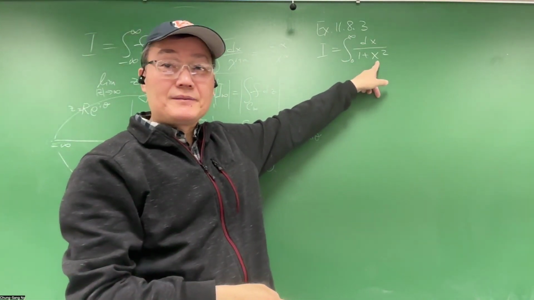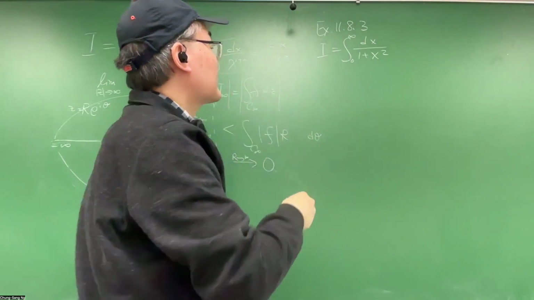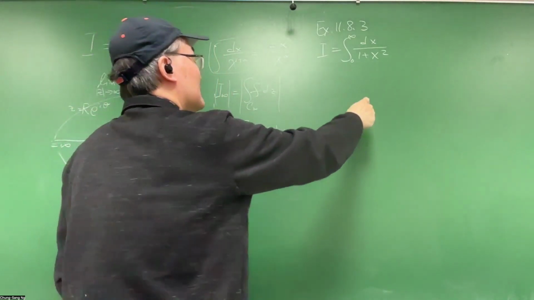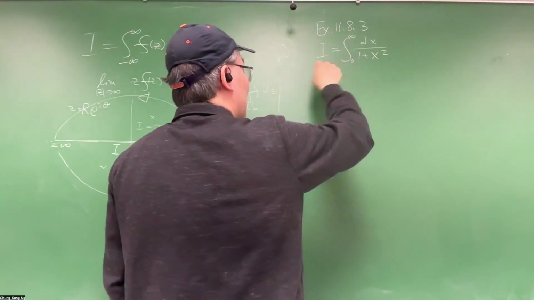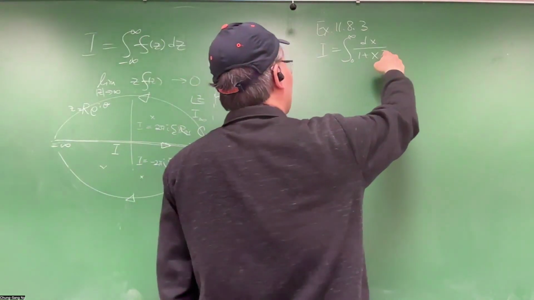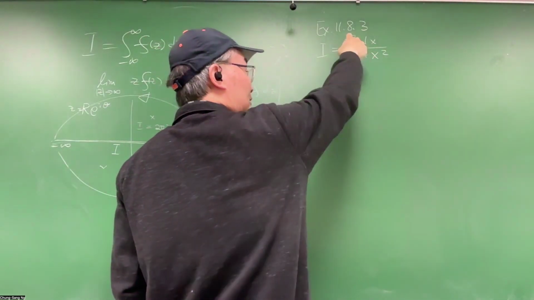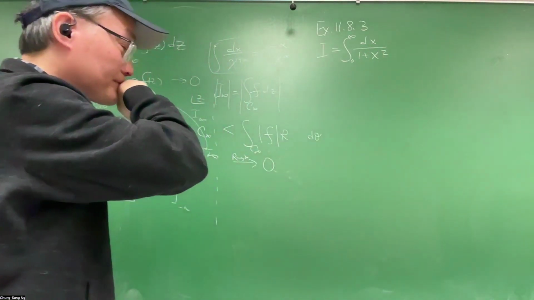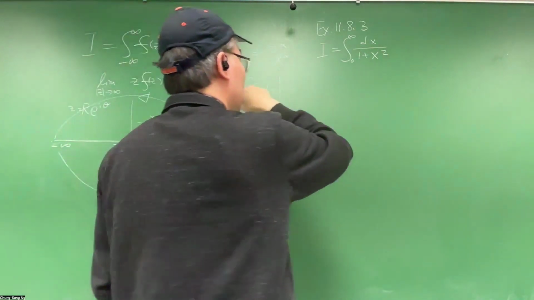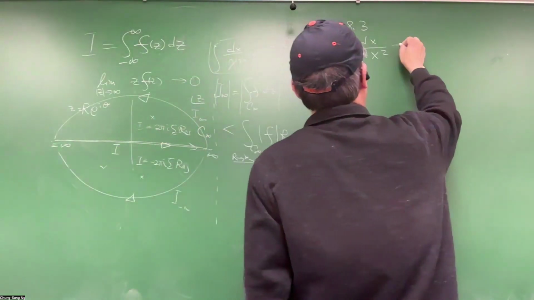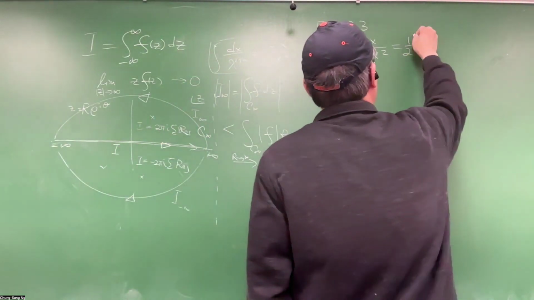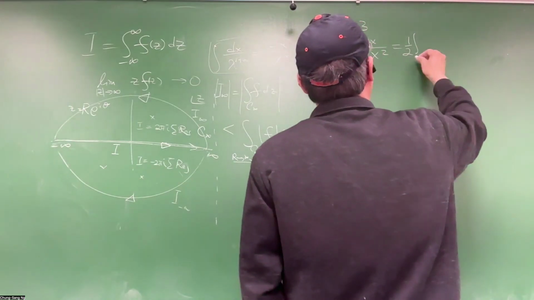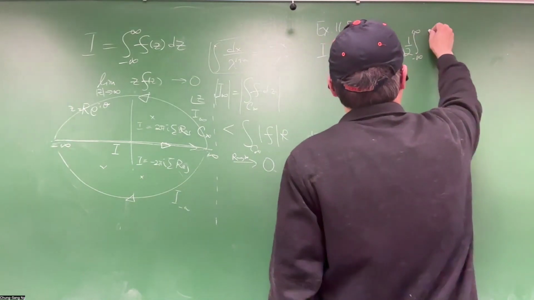You have x squared here, so this integral is the same as integrating from minus infinity to 0, because changing x to minus x is the same. So you can write it as one half of integrating from minus infinity to infinity.